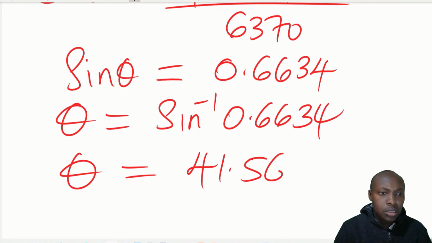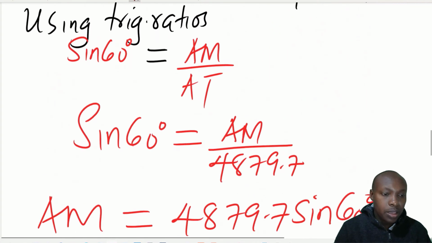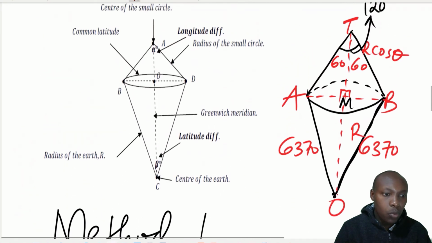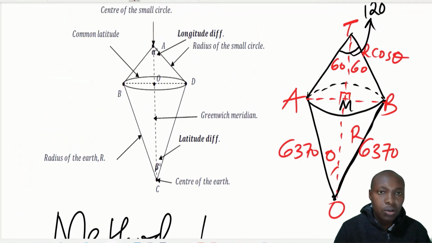Now angle AOM is the same as the other angle, which is MOB. So to get the whole of that angle, we just need to multiply by 2.